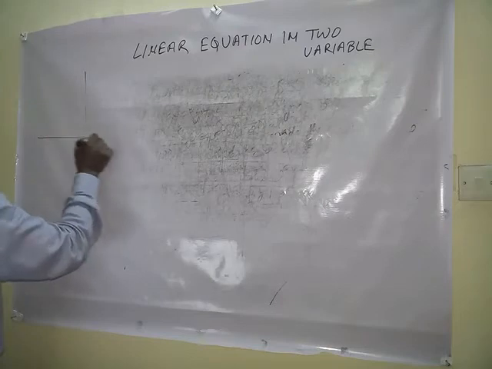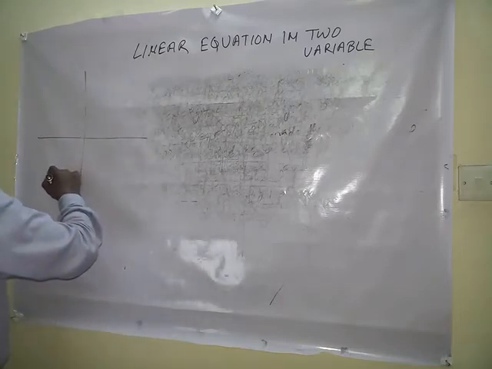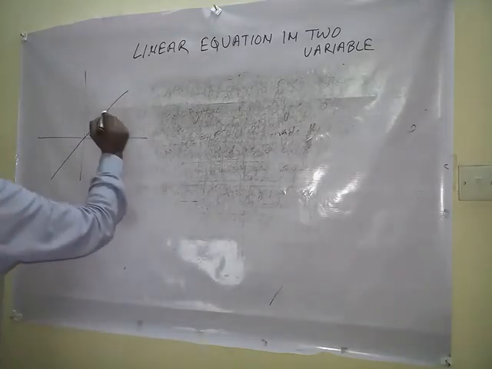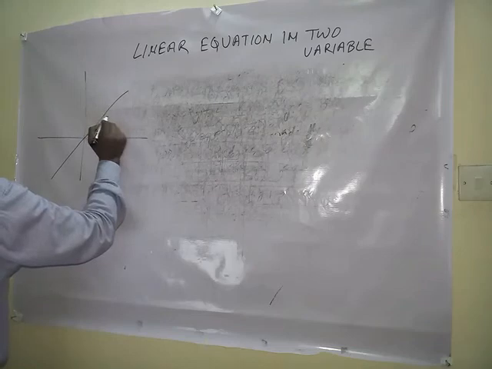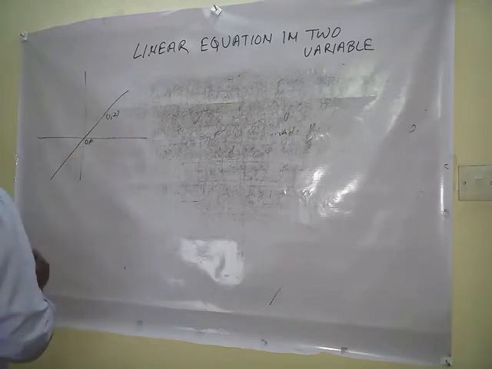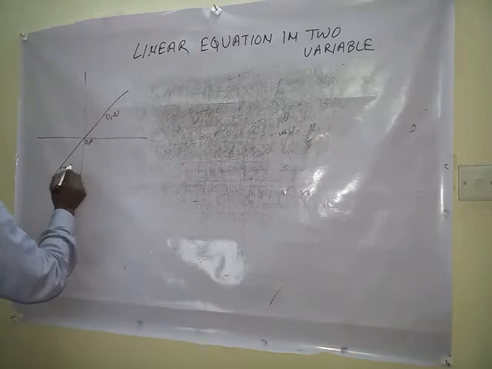Okay, you have been given a graph which is showing a line which is passing from here. Say it is 1, 2. Here it is 0, 0, and here it is -1, -2.